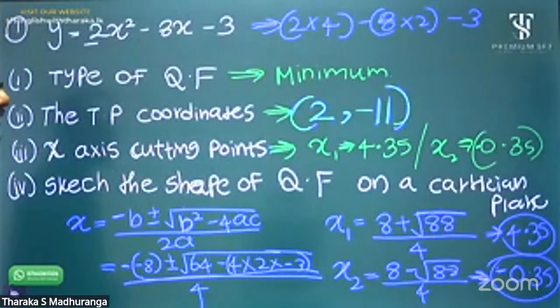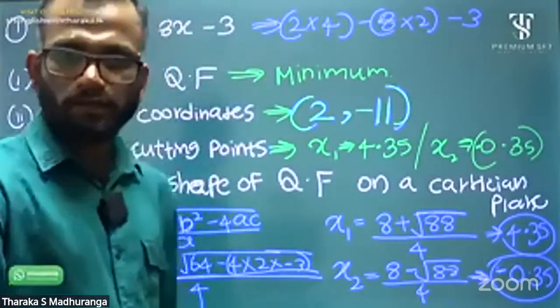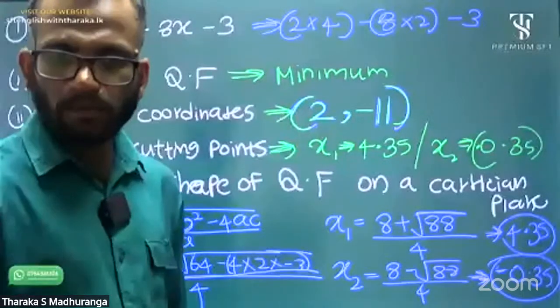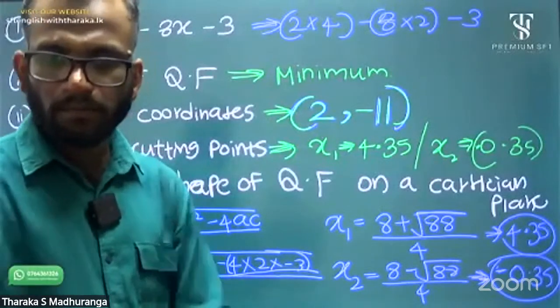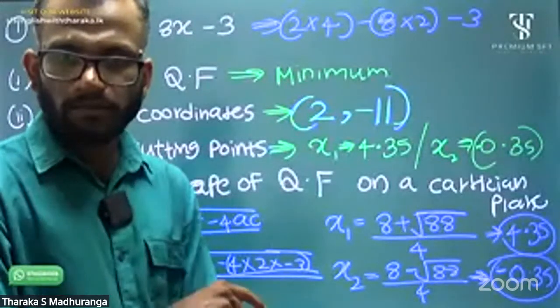What's the mistake? Turning point coordinates row. Correct. Good.